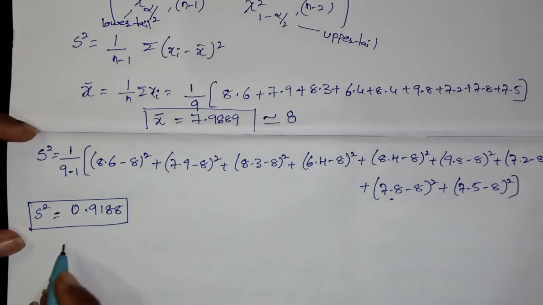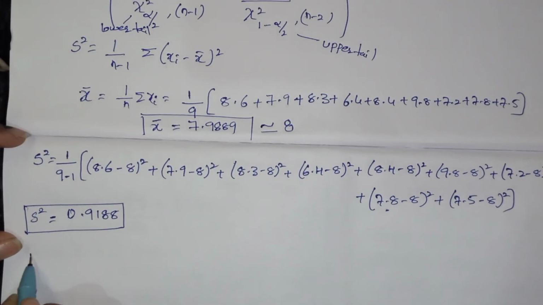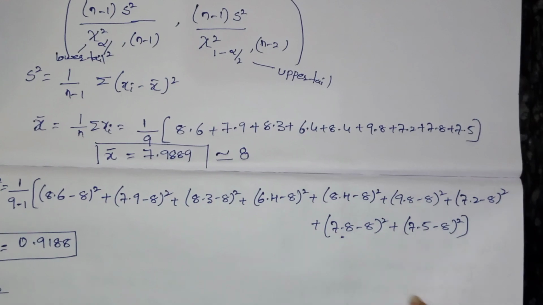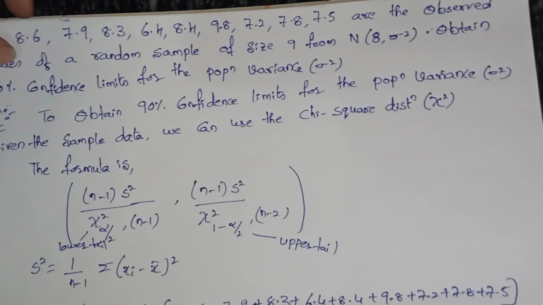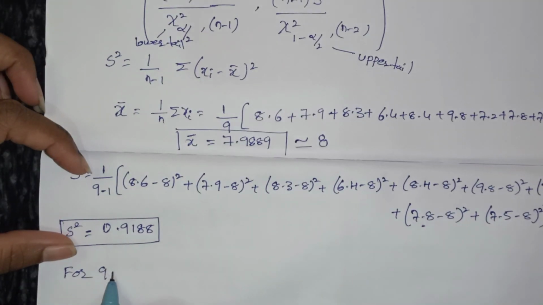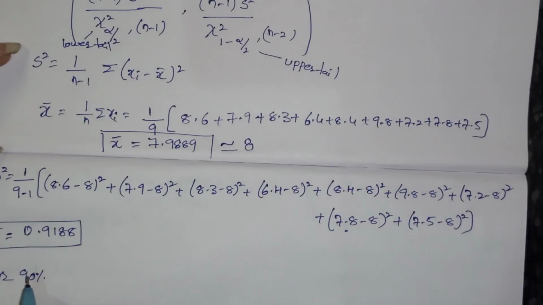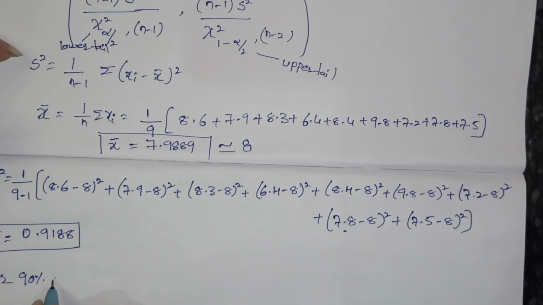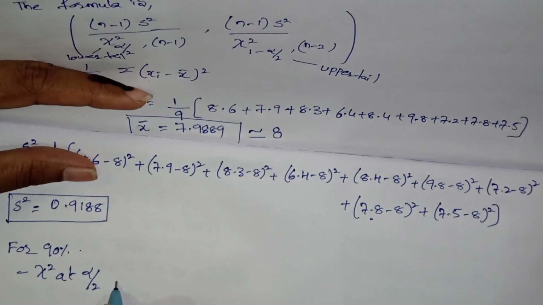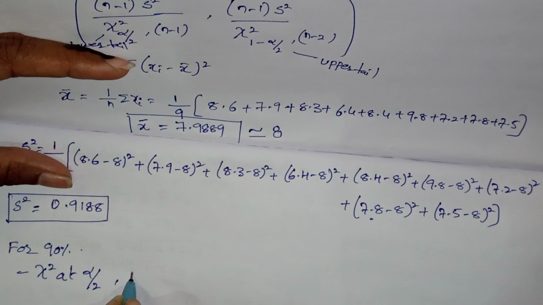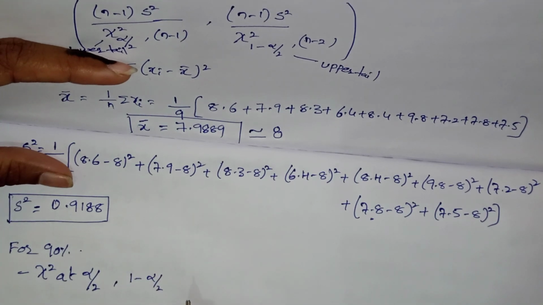So for 90%, they are asking us what to find out. 90% only, no? So they asked us to find out 90%. So for 90%, chi-square at alpha by 2, comma 1 minus alpha by 2.